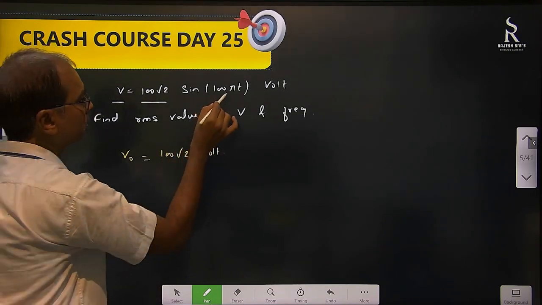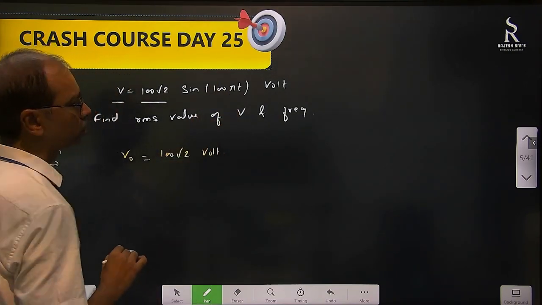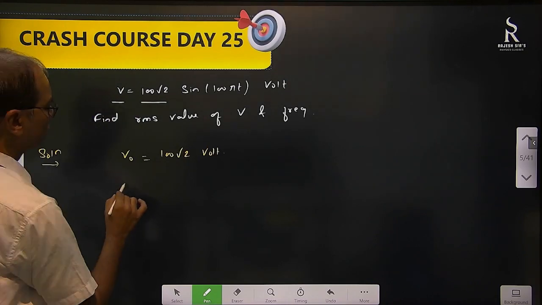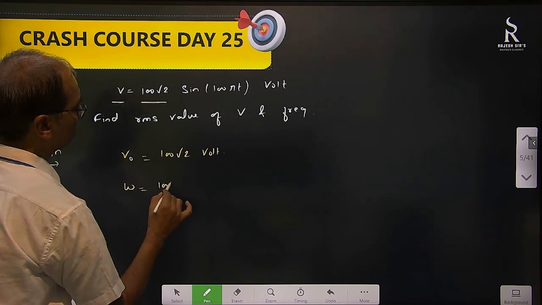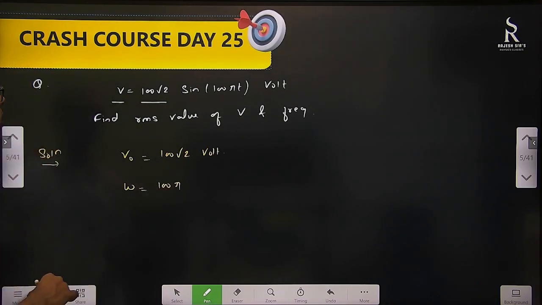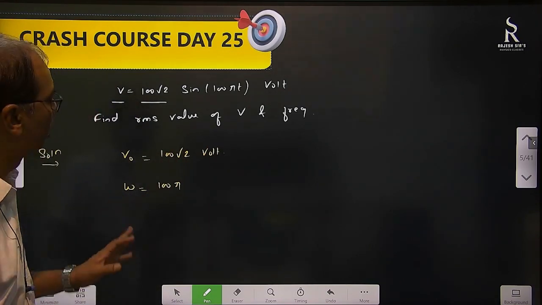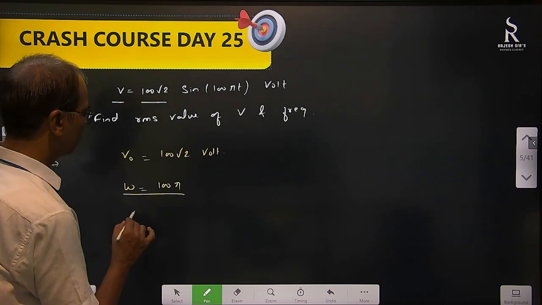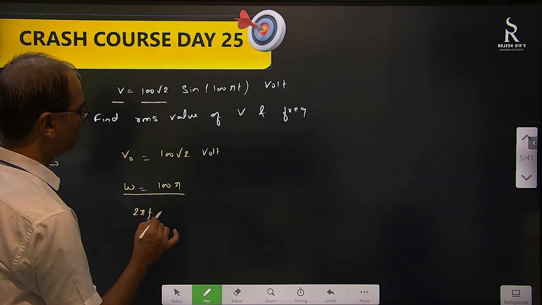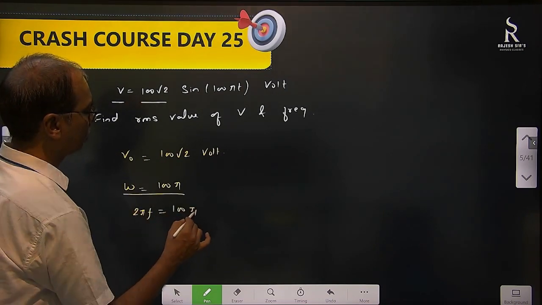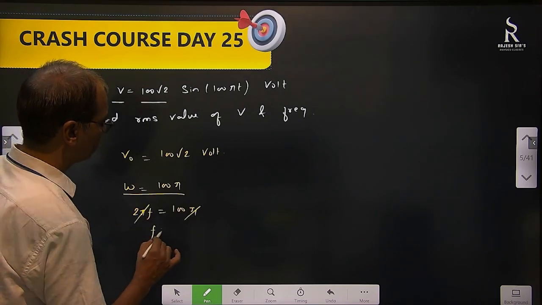And the coefficient of t is omega, so omega is 100 pi. Then what does he want? Find the RMS value of V and the frequency. We want the frequency first. This omega is given, so we know that 2 pi into frequency equals 100 pi. Pi is gone. Frequency is equal to 50 hertz.